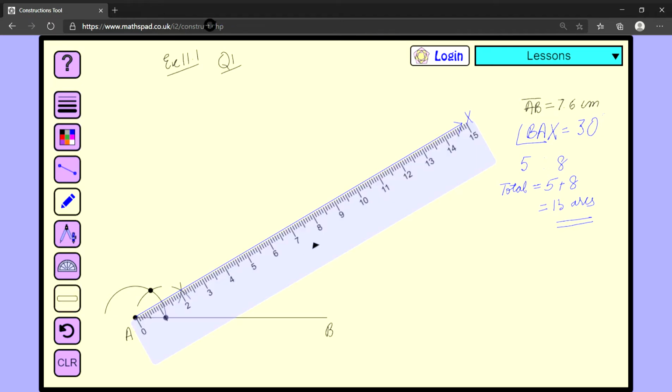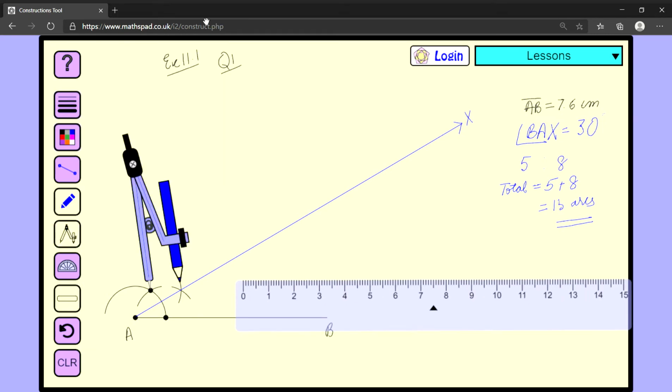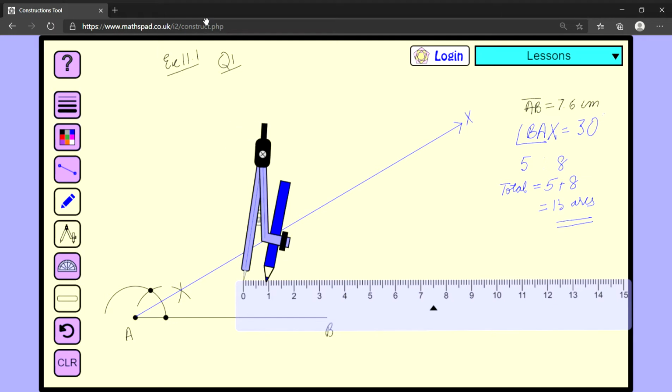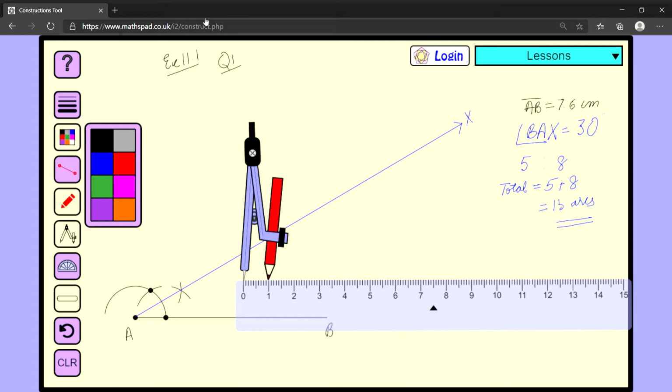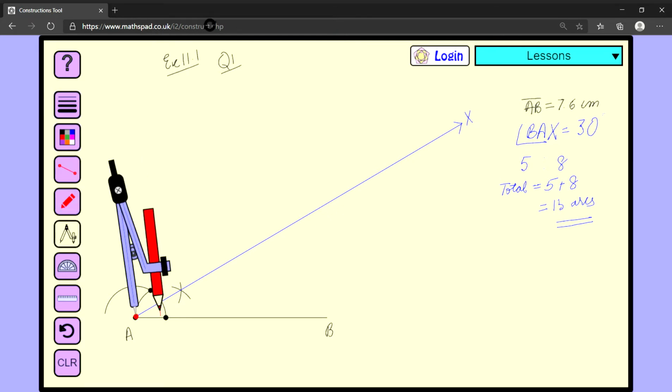So let's use the ruler, open the compass 1 centimeter, and fix the radius here. Then starting from point A, let's draw 13 arcs.